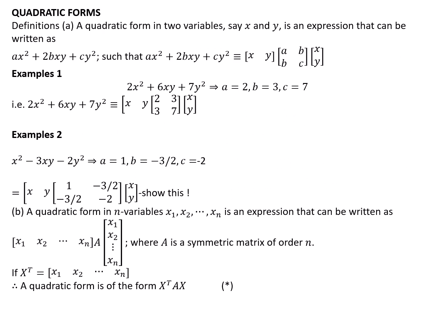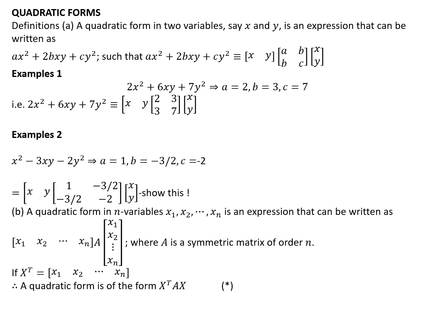Quadratic form. Let's look at the example that we have here. Example 1. 2x squared plus 6xy plus 7y squared.